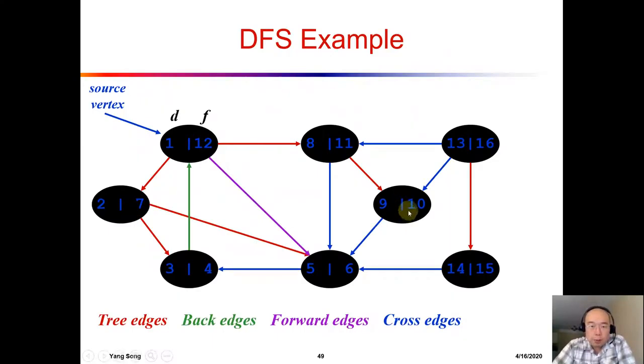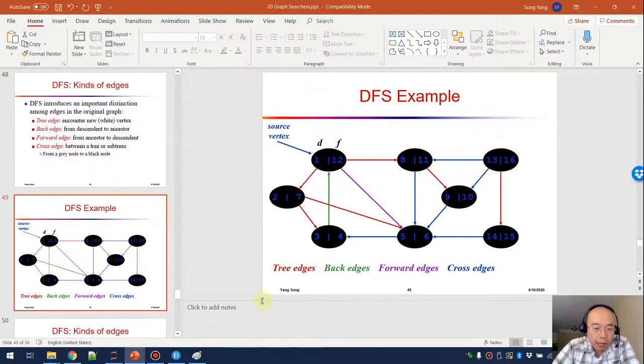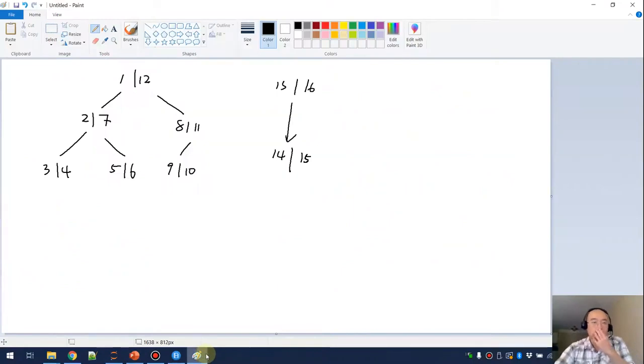To make the discussion easier, I have drawn this graph showing the tree structure of all the nodes. If I only keep the red edges or the tree edges, then I can draw this graph of two different trees, right? So let me come back here.